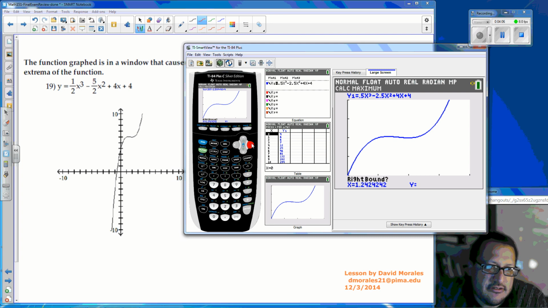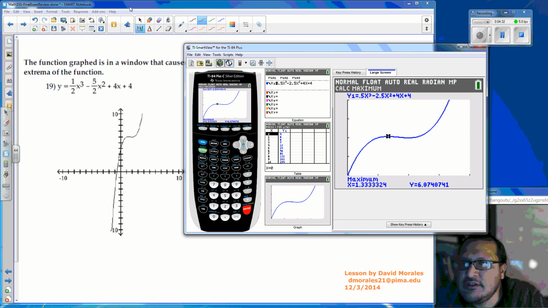So 6.07, and we're already going down, and this is clearly less than 6.07. The maximum should be somewhere in here. We'll just go a little bit over. So the maximum looks like it's 1 1/3, and 6.07.